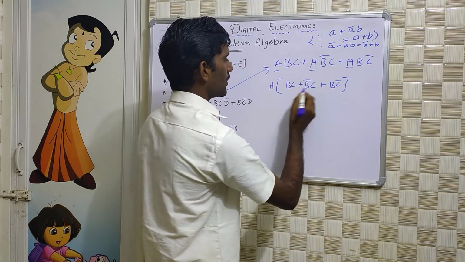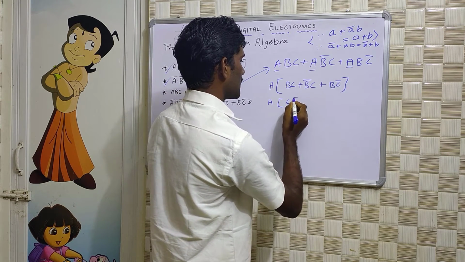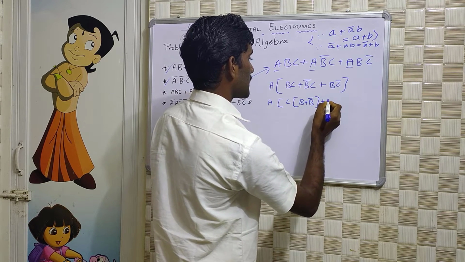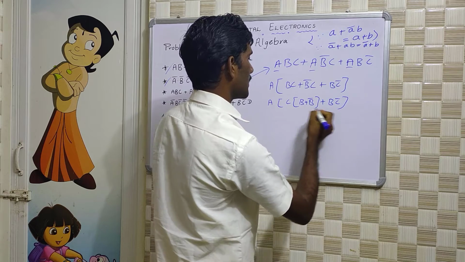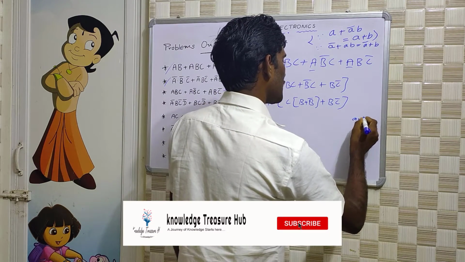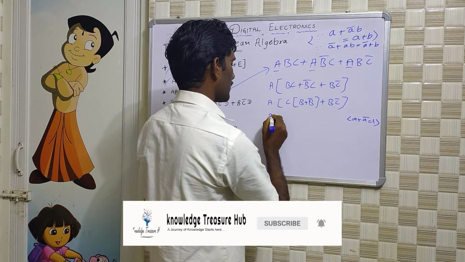From the first two terms C is common, so we take C common: C into (B plus B bar) plus B C bar. We know again the same property, A plus A bar is equal to 1, so here it is also 1.